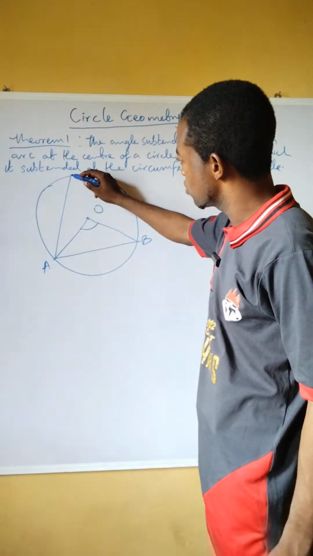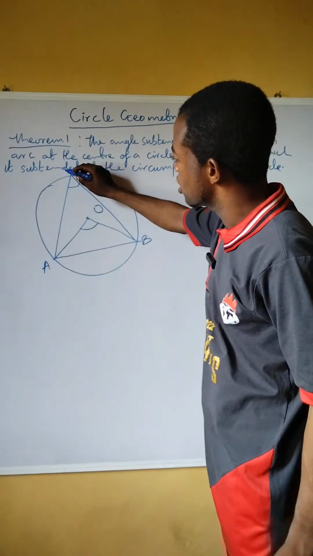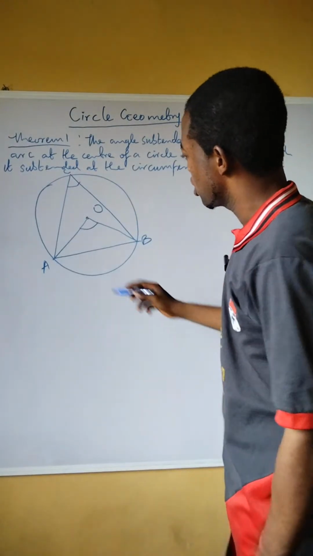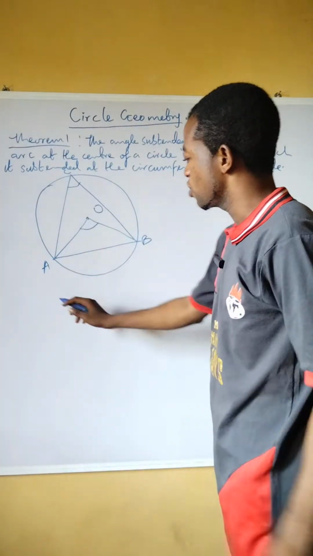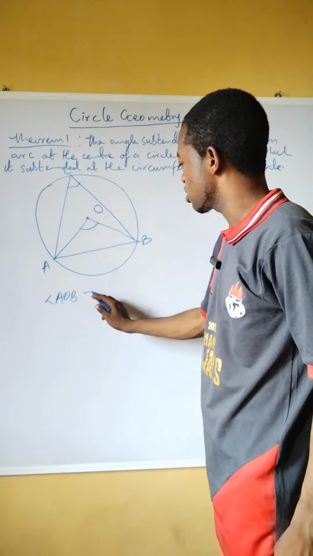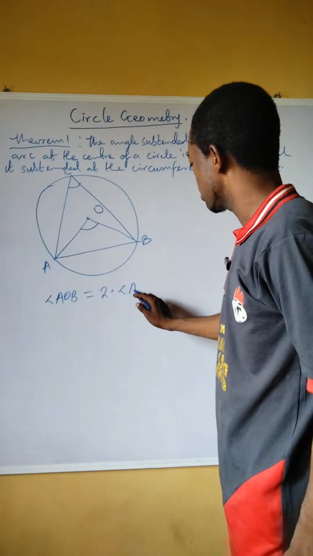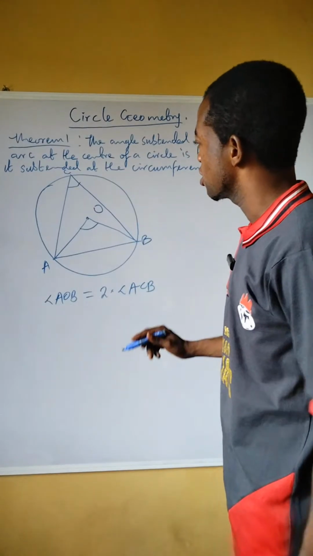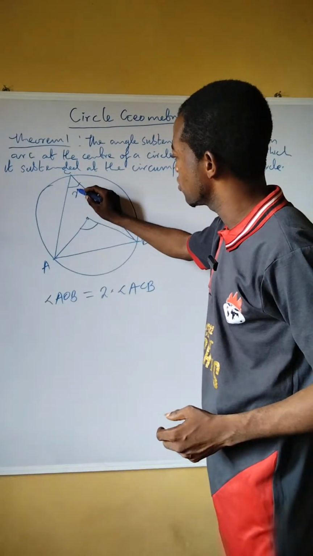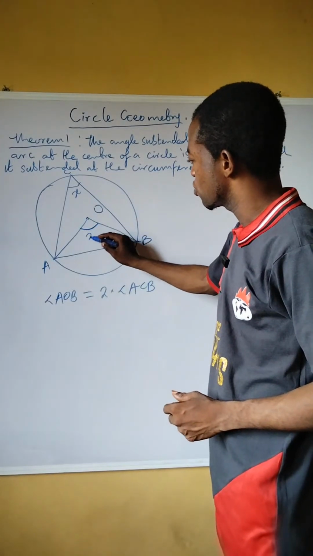Consider this as the angle subtended at the circumference. We can label this as C. So ACB is the angle at the circumference, while AOB is the angle at the center. What the theorem is saying is that angle AOB at the center is equal to 2 times angle ACB at the circumference. If ACB is x, for instance, the one at the center will be 2x.